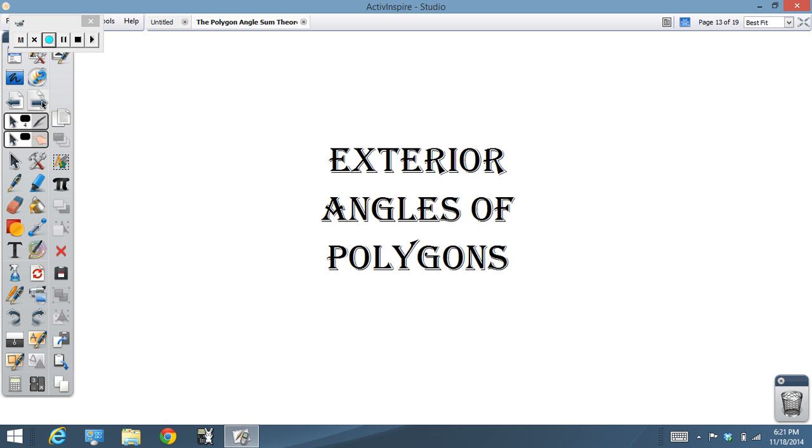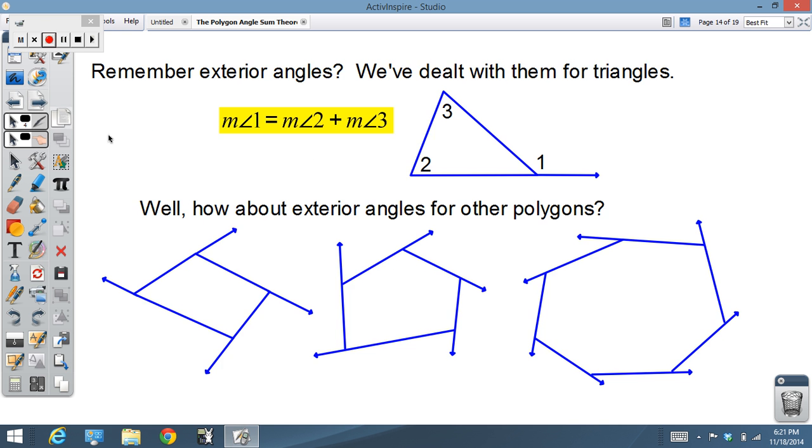All right. Let's talk exterior angles for a moment. Remember exterior angles. We've talked about them before with triangles. We hopefully remember a theorem that said that this angle here, angle 1, has to equal the sum of 2 and 3. But we can make exterior angles around any polygon.